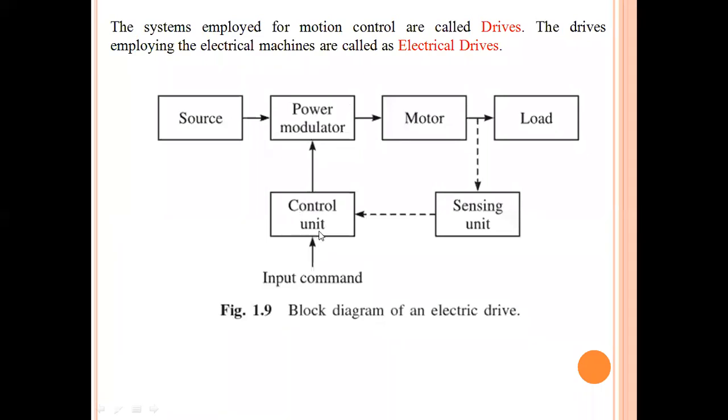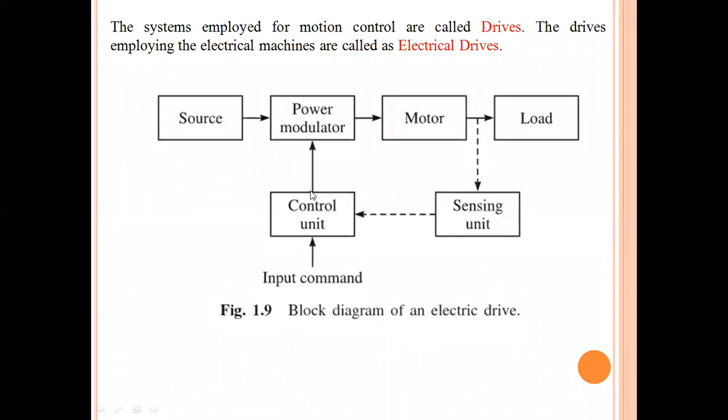Let me take an example. We are having a pulse width of 25%. If the pulse width is low, then the operation of the power modulator is also low. Based on the pulse width, the power modulator operation will be varied.